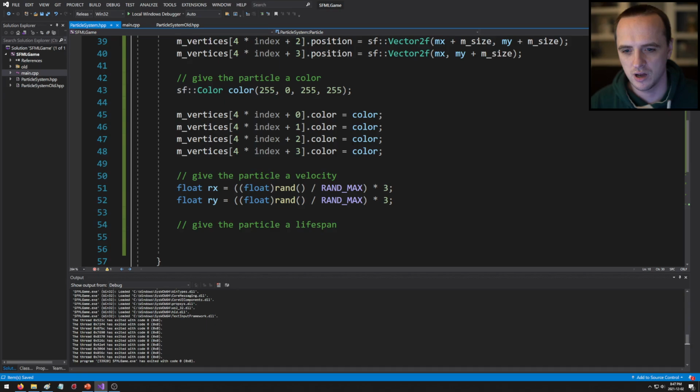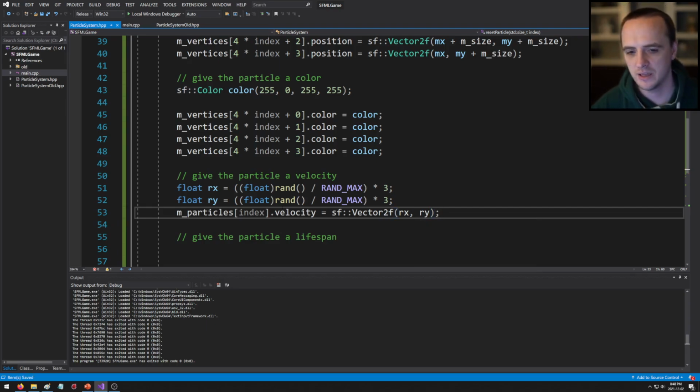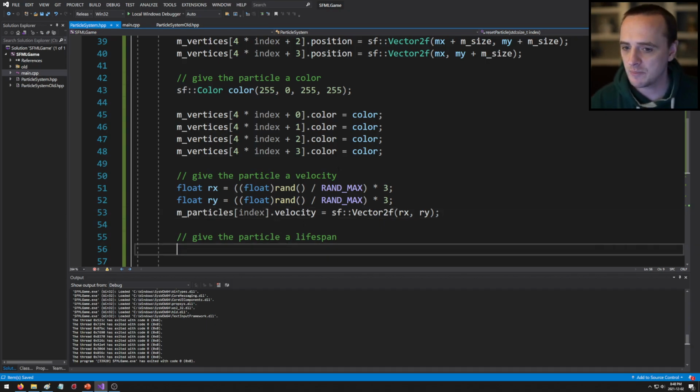So I am going to say m particles, index dot velocity equals sf vector 2f Rx Ry. So each of my particles is going to be given a velocity, and let me give the particles a lifespan.